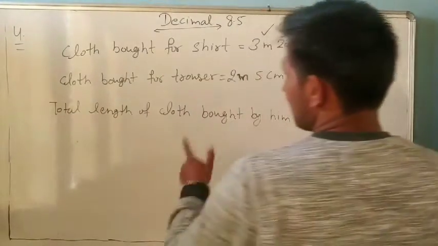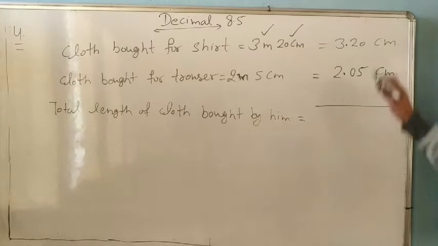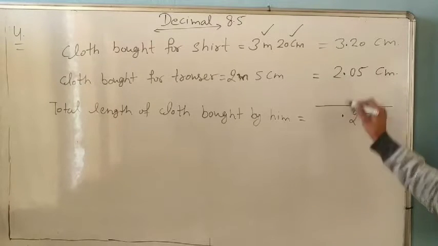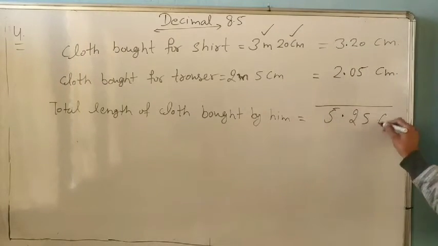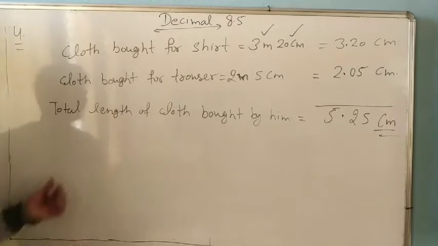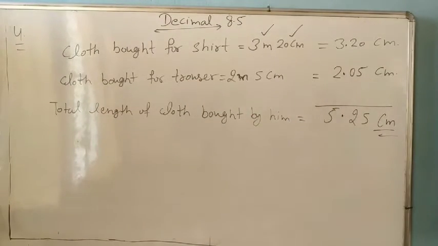So the total length of cloth bought by him, how much? We will add. So 5 plus 0, 5. 2 plus 0, 2. Now decimal. 3 plus 2, 5. So how much total length was bought by him? 5.25 meter. It is your answer. Understand it?